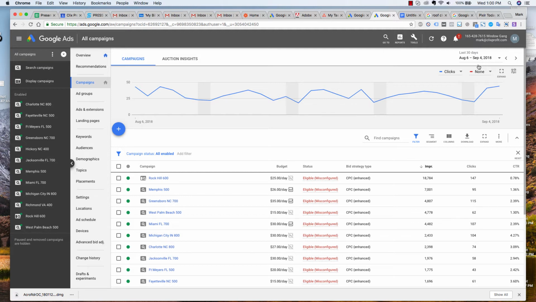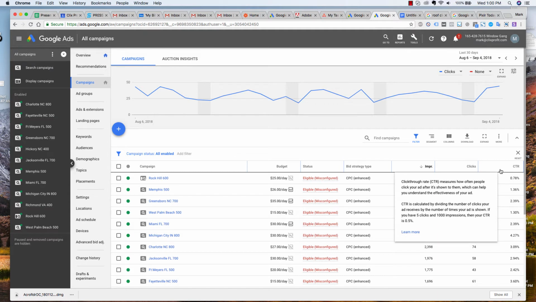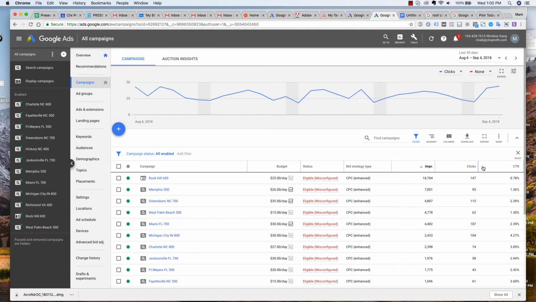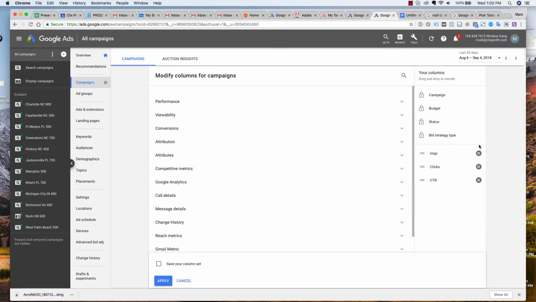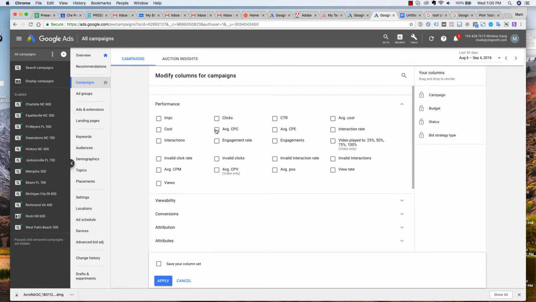Now we want some different data here. We want to see what the average cost per click and the average position are. So let's click on columns, modify columns. Let's get rid of these, and let's go to average cost per click and average position and hit apply.